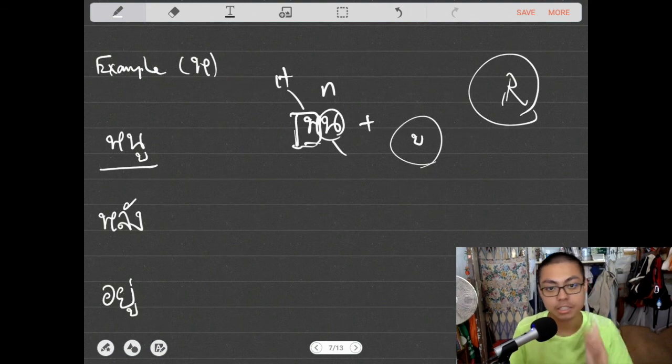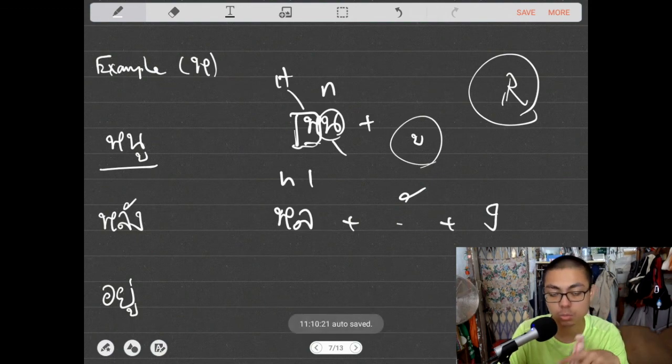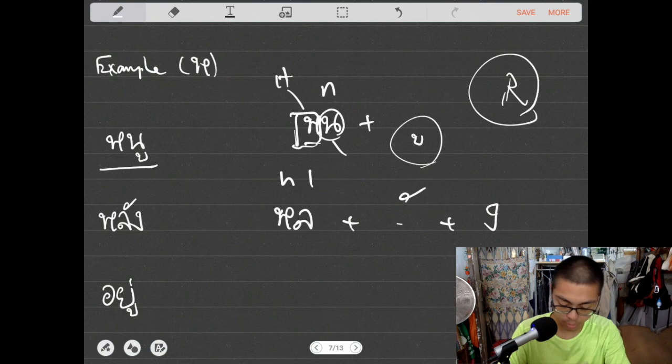Now, second example, consonant cluster ho hip plus lo ling, which refers to H plus L. We have a vowel sa a. And then we have a final consonant, which is ng, the ng sound.